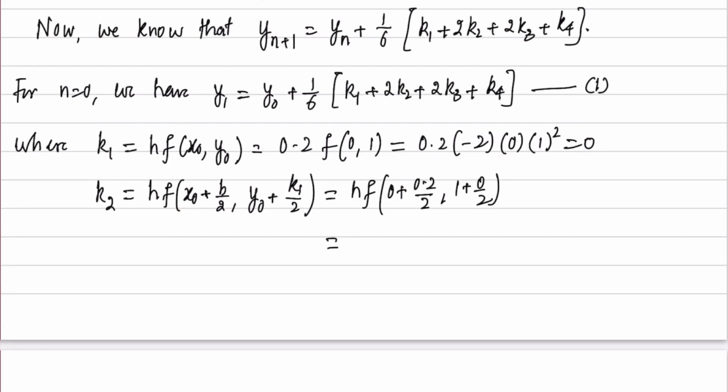Now calculating these numbers, we finally arrive at h f of 0.1 comma 1. Now this is equal to 0.2 into minus 2, since f of xy is minus 2xy square, with x equal to 0.1 into 1 square. This is equal to minus 0.004. So that is the value for k2 here.